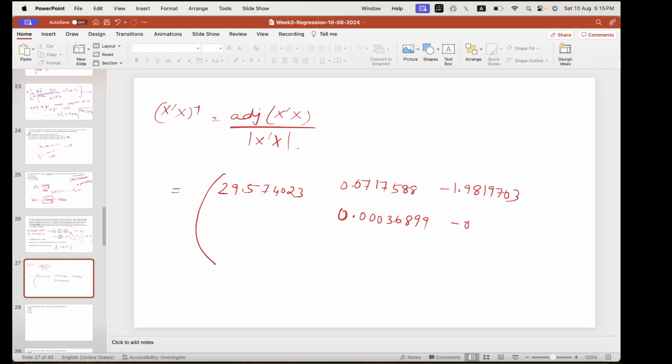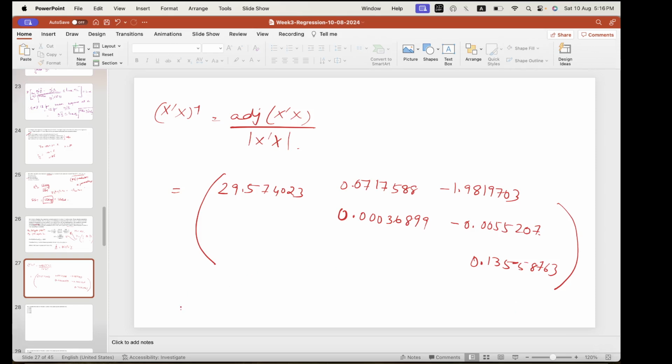This would be minus 0.0055207. And this would be 0.13558763. So this would be the value of x prime x inverse.